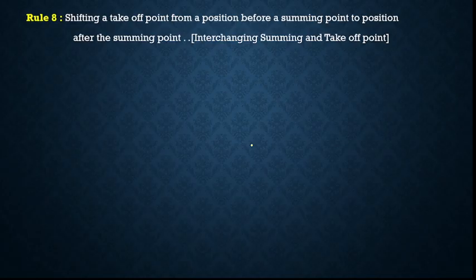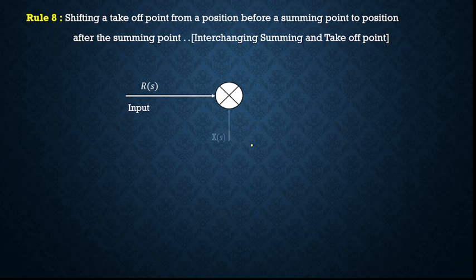Now next is shifting the takeoff point to a position before the summing point. Here we will be learning shifting or interchanging of the summing and the takeoff point. So first we'll consider the case when the takeoff point is before a summing point. So first we will be having the summing point. This is R(s) as one input, X(s) is another input.